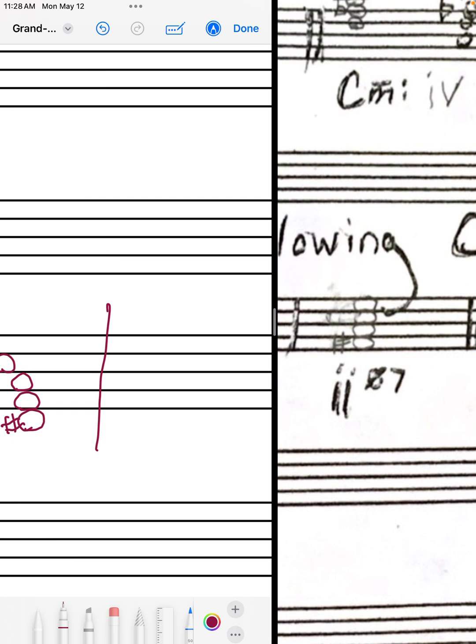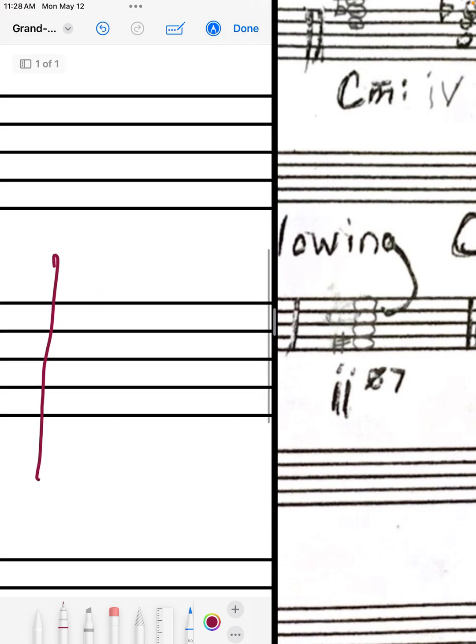Oh, so the 2 would have to be F sharp. F sharp, A, C, E. And I'm not sure why he asked it, but just going with it.